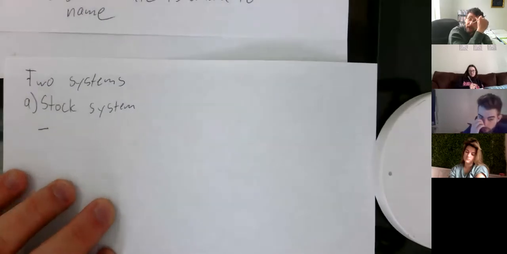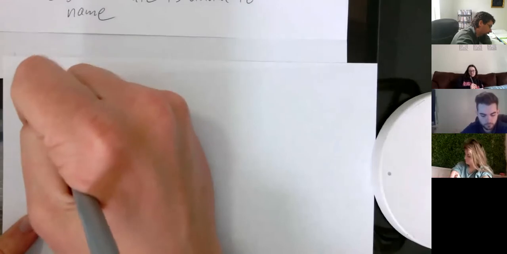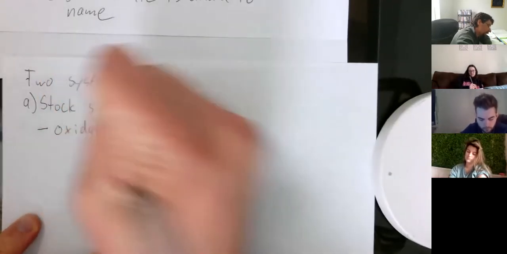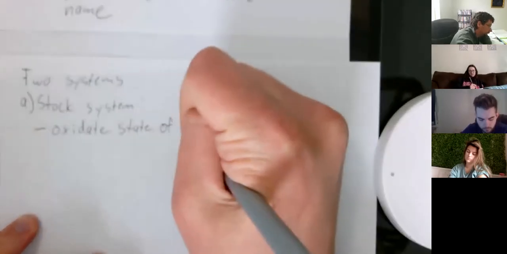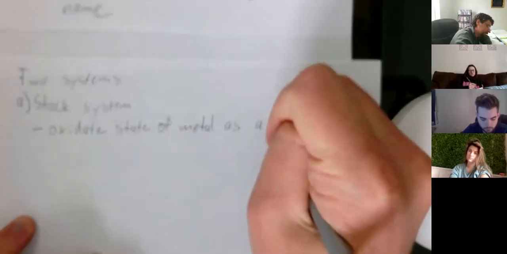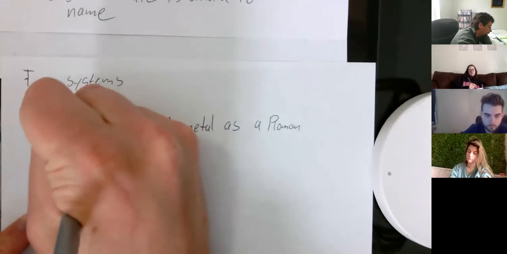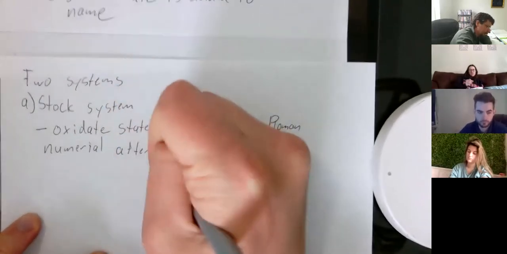In this one, you put the oxidation state of the metal as a Roman numeral after the metal name.